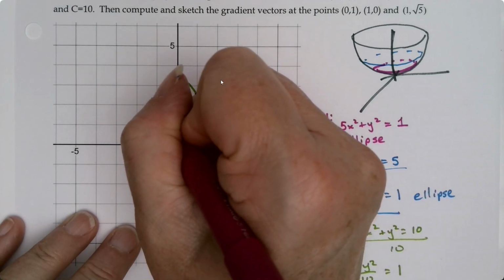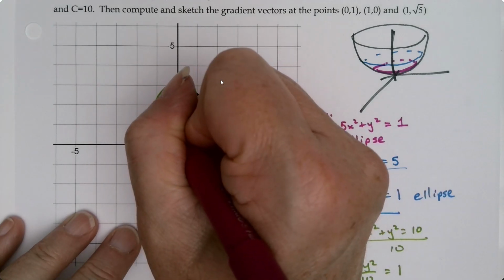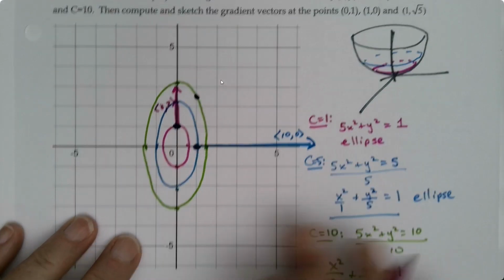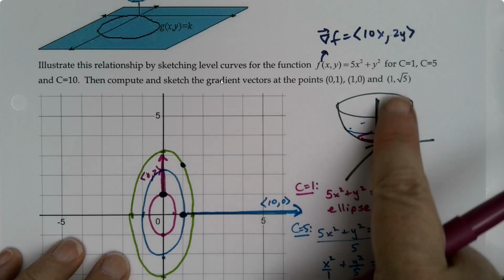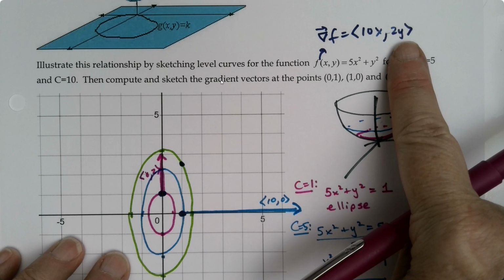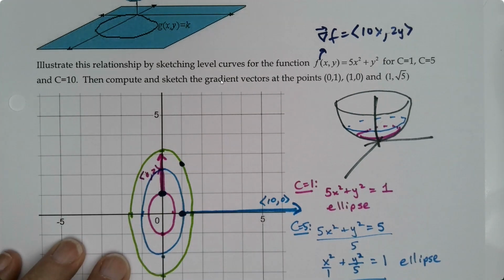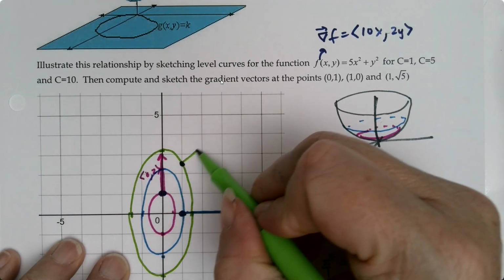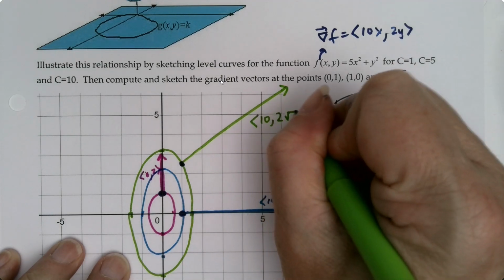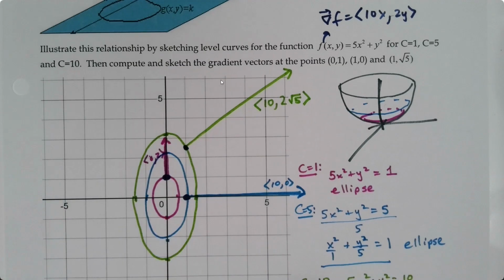And then this is (0, 2) for that gradient. And then the last one is the trickiest because if you put 1 in, that's 10, and then you put the square root of 5 in, that's 2 square root of 5. So, nothing exciting there. But it's going like this. It's shooting way out, 10, well past what I can draw because my grid doesn't go that far.